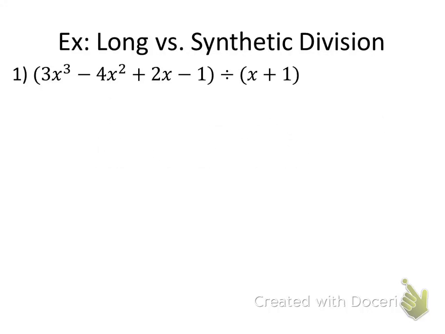So in long division, when you worked out this problem, you would first figure out what's the degree of the first polynomial. This is x to the third right here. So everything needs to be descending, so x squared, x to the first, and of course your constant at the end. So I'm going to work this out real quickly here.